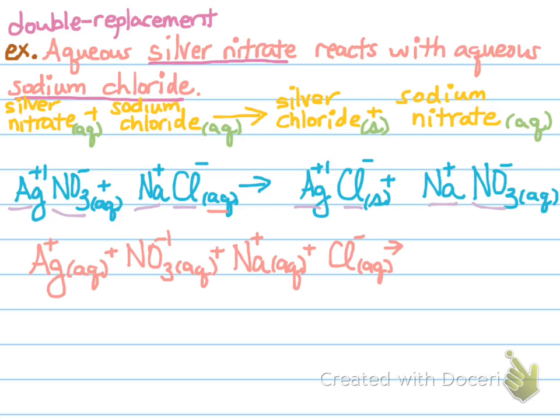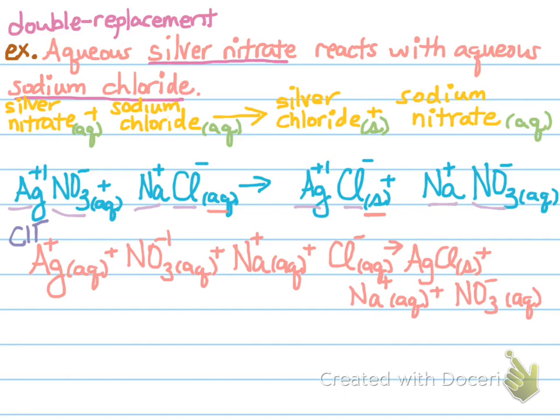Now, silver chloride, its state of matter is solid, so it doesn't change. I'm going to leave it AgCl solid, plus Na plus aqueous. Hopefully you have room to keep writing this on one line. I'm out of space. And NO3 -1 aqueous because sodium nitrate is an aqueous solution. So what we just wrote is our complete ionic equation.